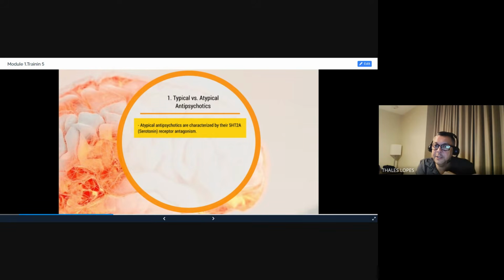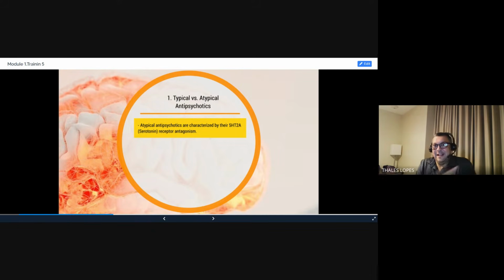The second generation, atypicals, adds the serotonin. So the serotonin and the dopamine will counterbalance. Now for the second generation, only 60% of the dopamine blockade will be there, compared to 80% for the first generation. Therefore, less EPS symptoms, but it comes with a little extra, which is metabolic syndrome, which has to do with the serotonin, meaning getting fat.